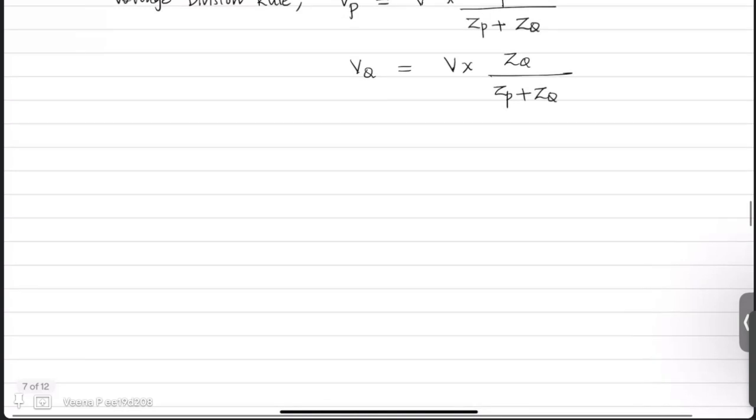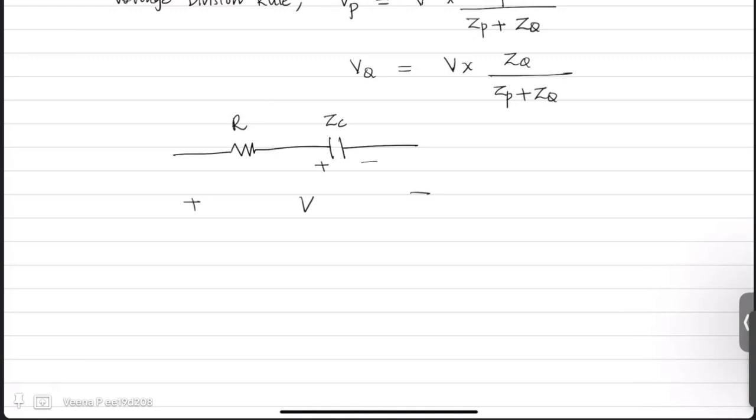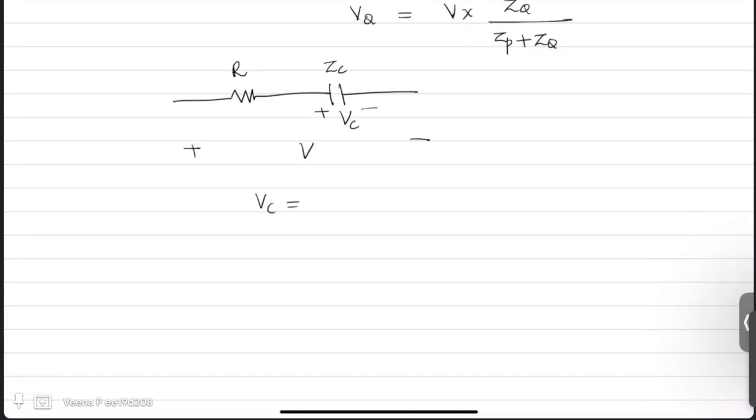Following the voltage division rule in the circuit we are interested in, you have a resistor and a capacitor in series. This is R and this is ZC. You have a voltage V applied across it, and the voltage across ZC is VC. So VC is given by V times ZC divided by R plus ZC.